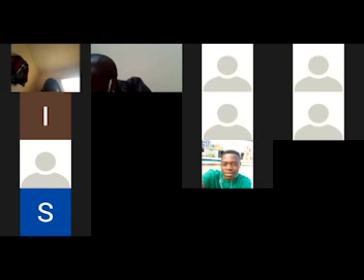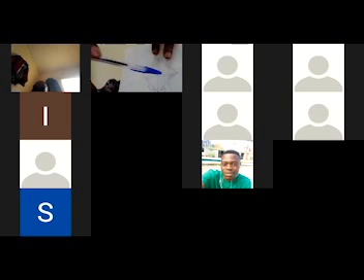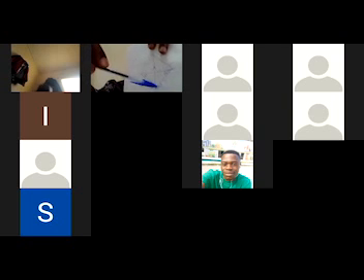Then you draw a diagonal. What I've done, I want to explain. This angle here is also the angle there. This angle there is also the angle there. Then you draw a diagonal.